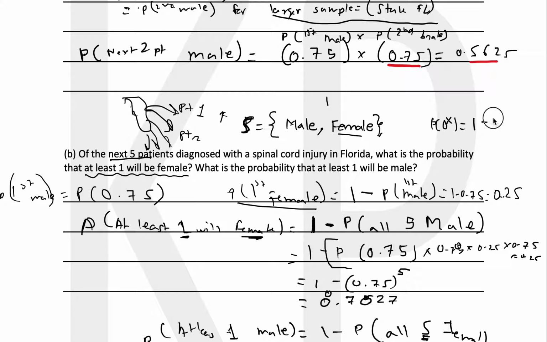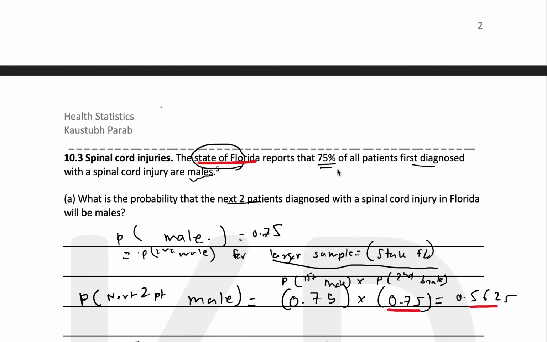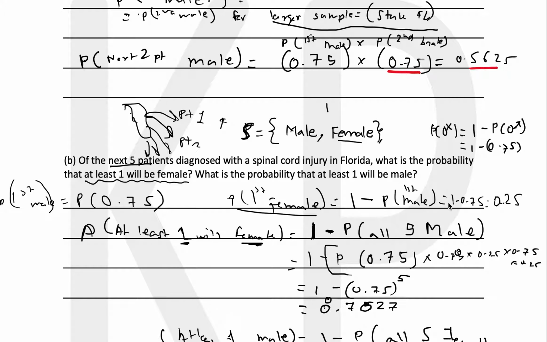So 1 minus the probability of getting a male, so 1 minus 0.75, that's nothing but 0.25, and that will be the probability of the first drawn person being female.